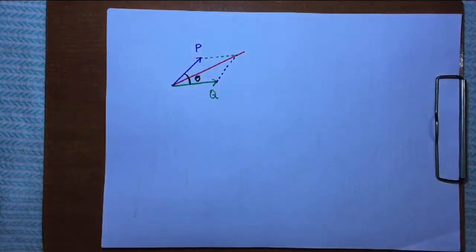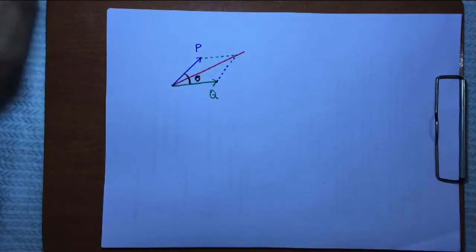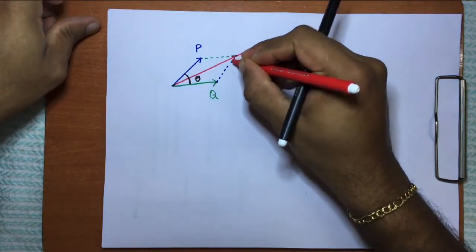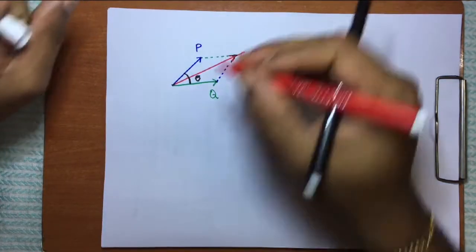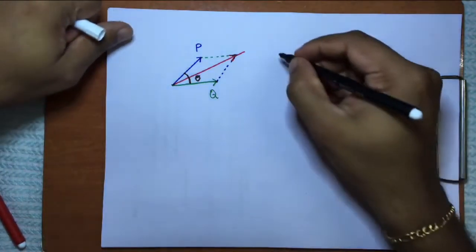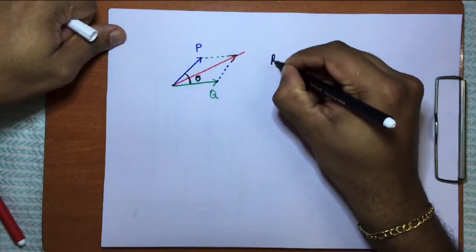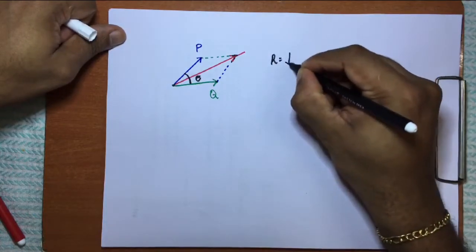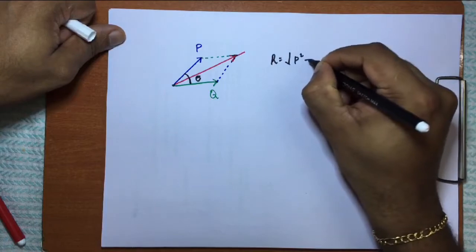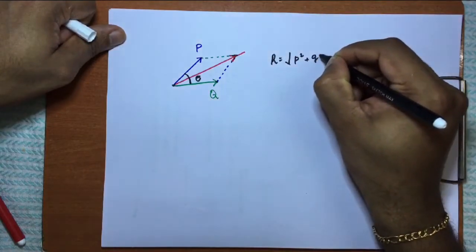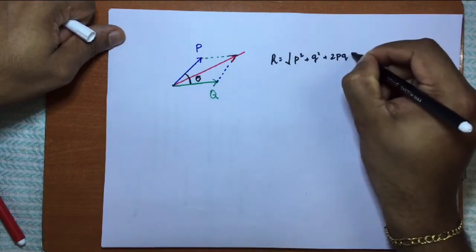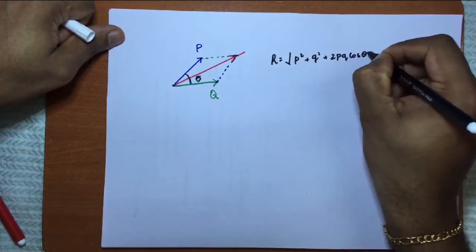In that case, how do you find the magnitude of the resultant force R? The magnitude of the resultant force R can be written as R is equal to square root of P square plus Q square plus 2PQ cos theta.